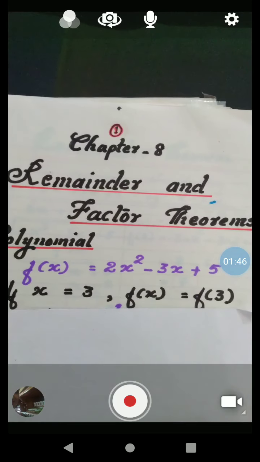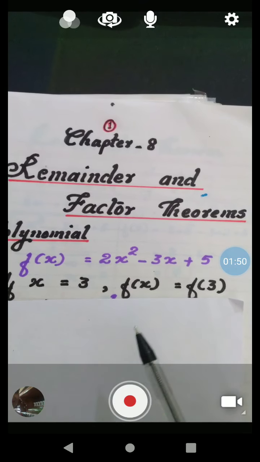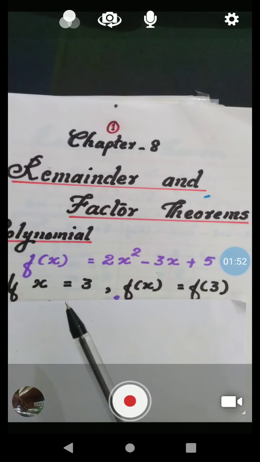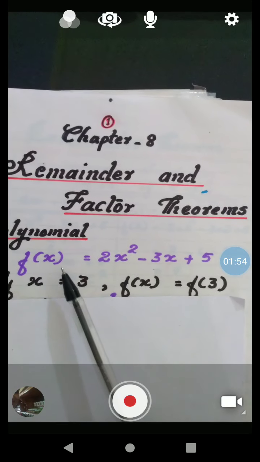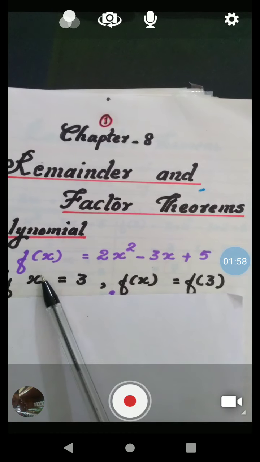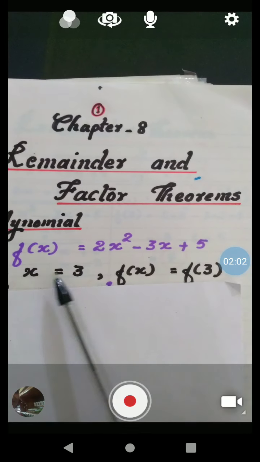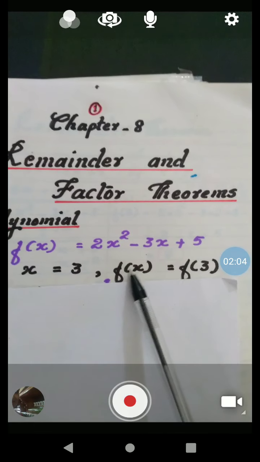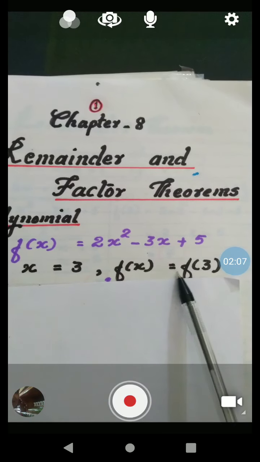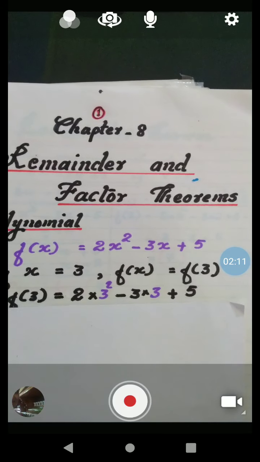Then you can find the value of f(x). Instead of x, we can substitute 3, because we are considering x as 3. Therefore, f(x) can be written as f of 3.